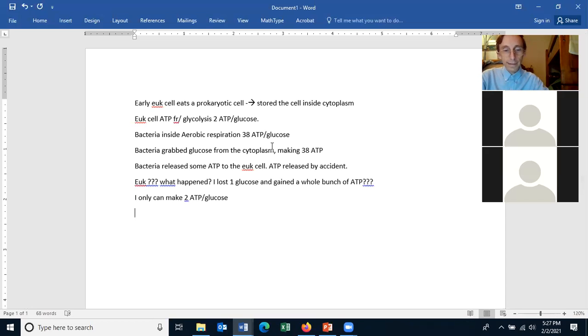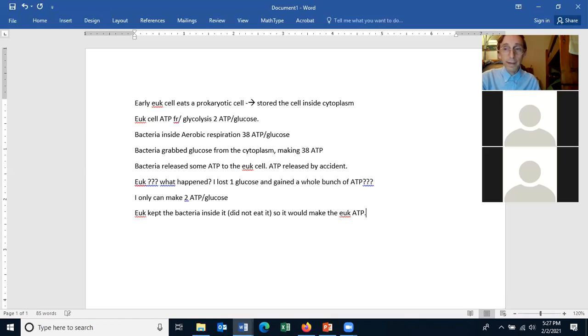So the eukaryotic cell kept the bacteria inside of it, meaning it did not eat it, so that the bacteria would make the eukaryotic cell ATP.